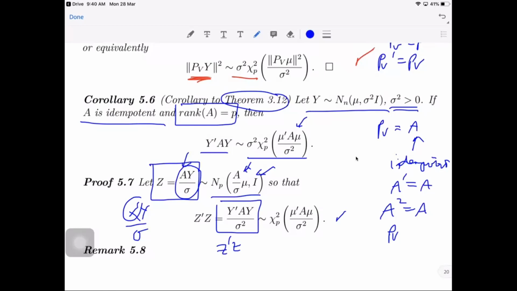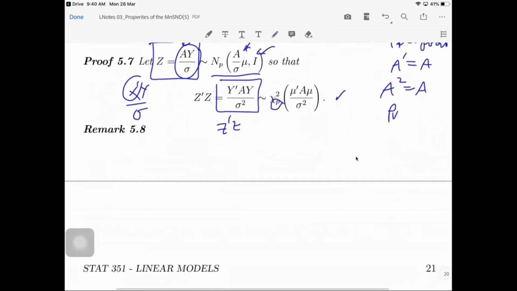So the proof of this follows from the earlier results, and the condition, of course, is that the rank of A is P. That is the dimension of your chi-square, or the degrees of freedom.